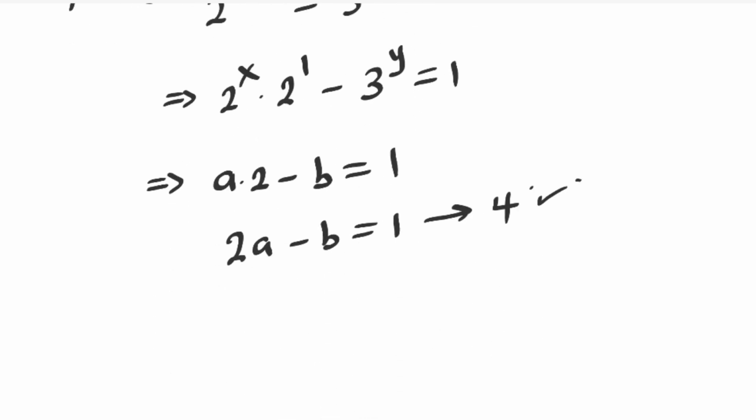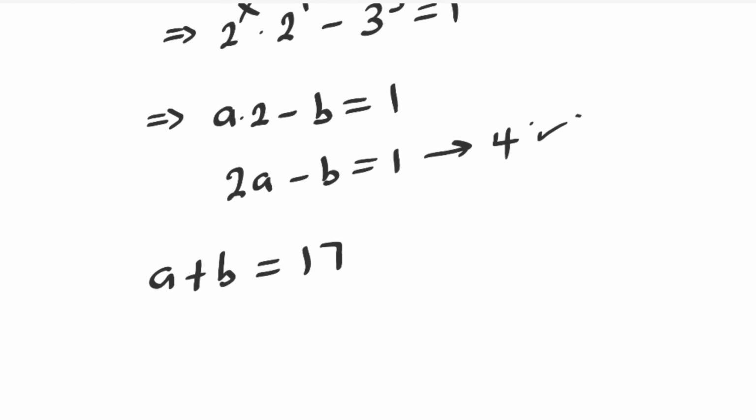Now equation 3 is a plus b is equal to 17. Equation 4 is 2a minus b is equal to 1.